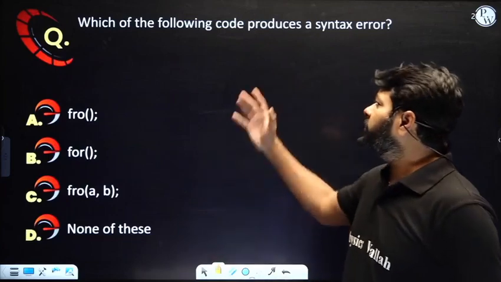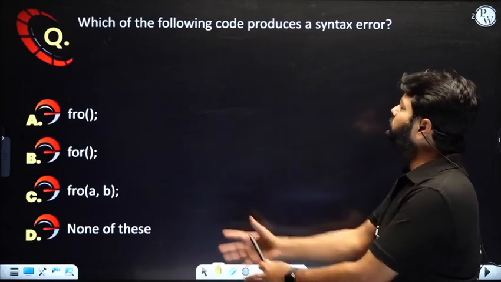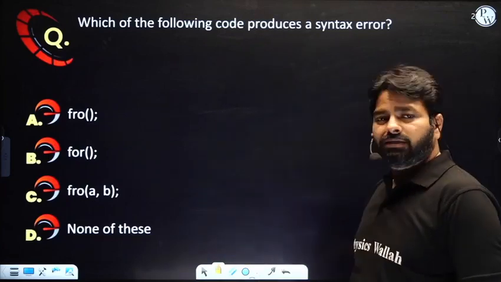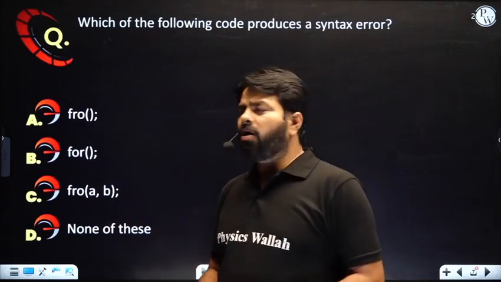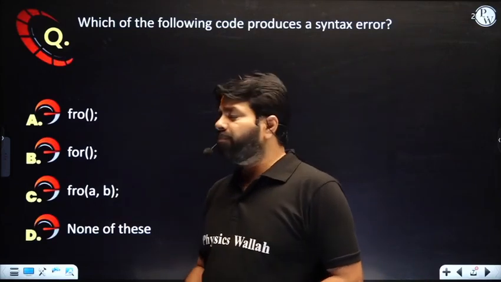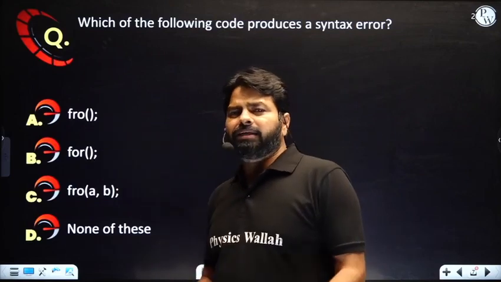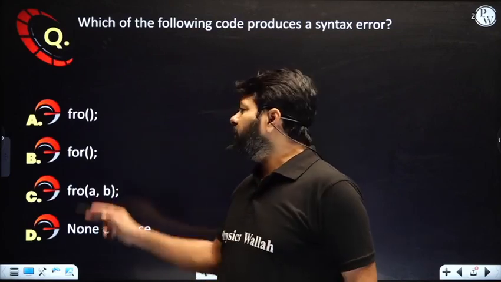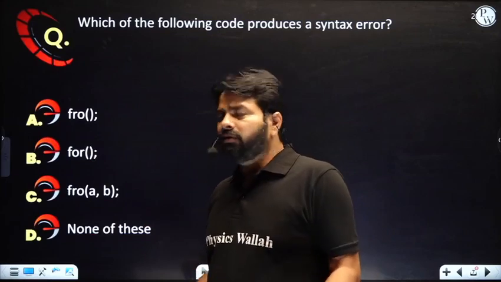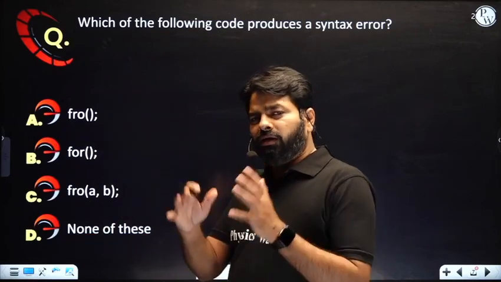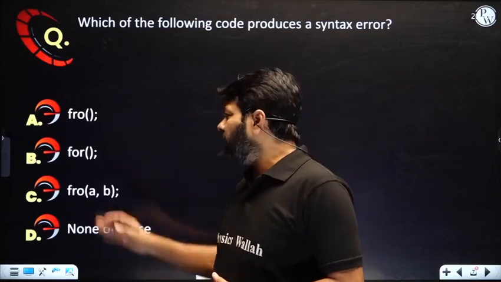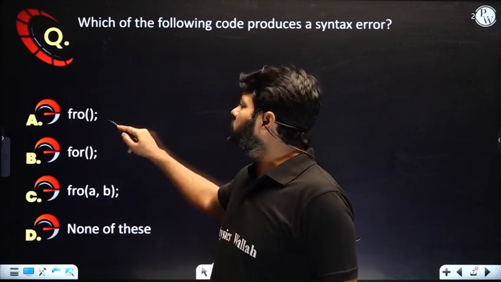Which of the following codes produce syntax errors? The first one, fro, can act as a function name, right? fro is not a keyword, so it's an identifier, so it looks like some function followed by void arguments. There are no arguments inside, so there is no syntax error here.